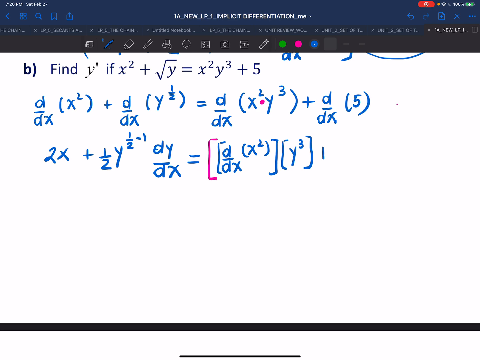And then plus the derivative of y cubed multiplied by the other factor, x squared. So done with this product rule here.